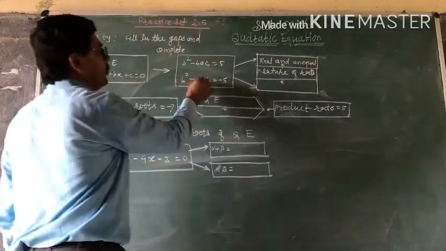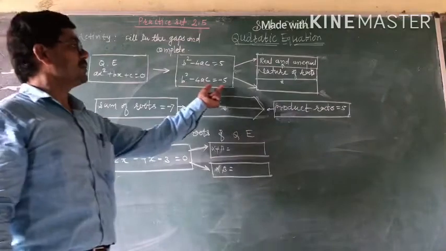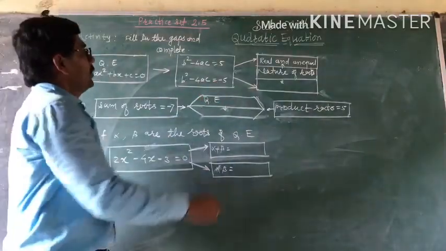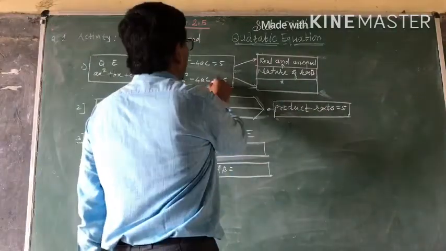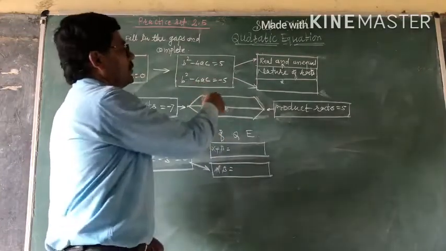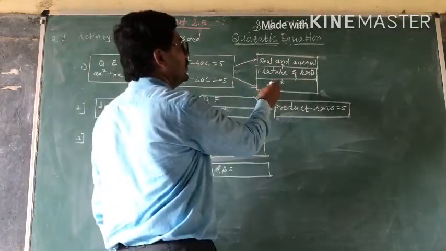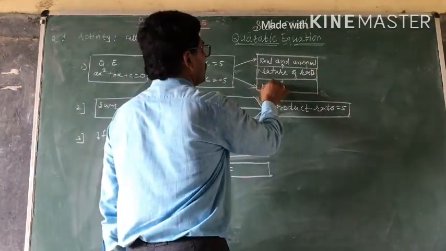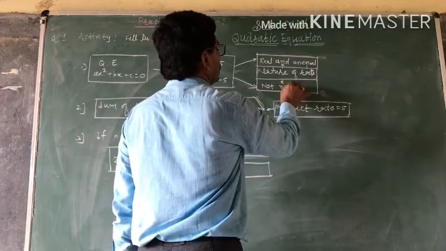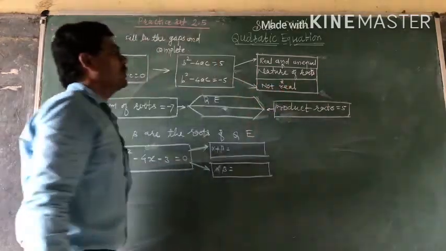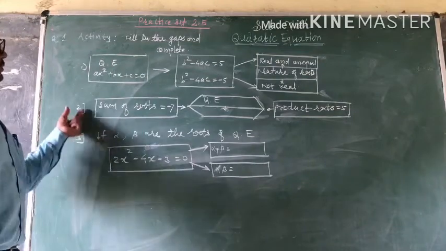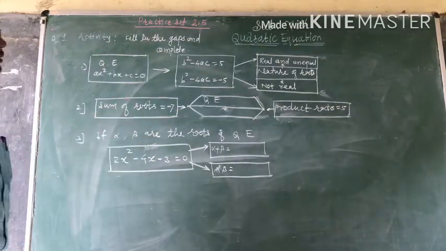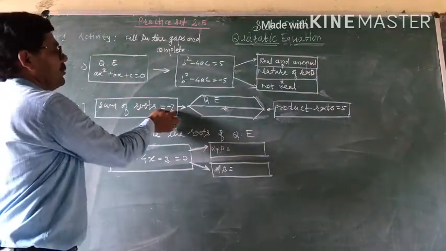And if the discriminant b square minus 4ac is negative, then the nature of the roots are not real.